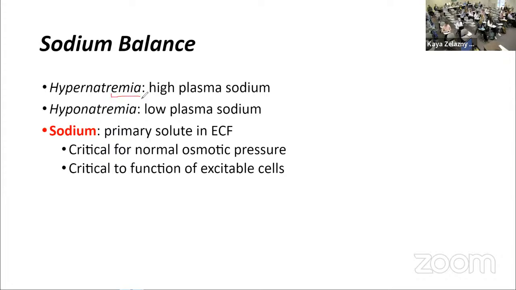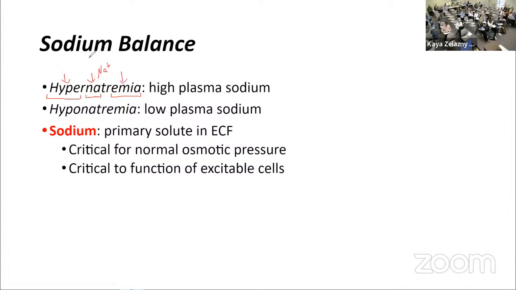So emia is our root for blood. We have this Na here for our sodium, which is Na plus. And hyper means extra, a lot. So what we're saying here is a lot of sodium in your blood. That's all that word means.